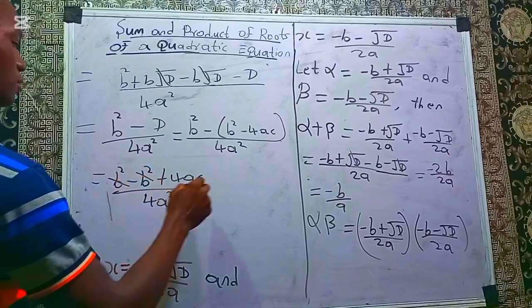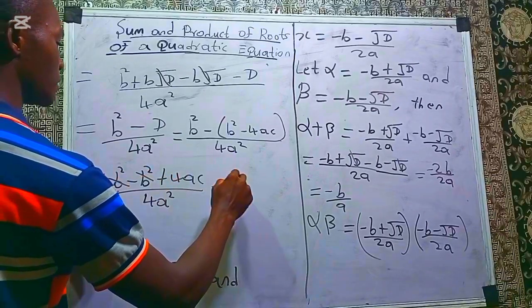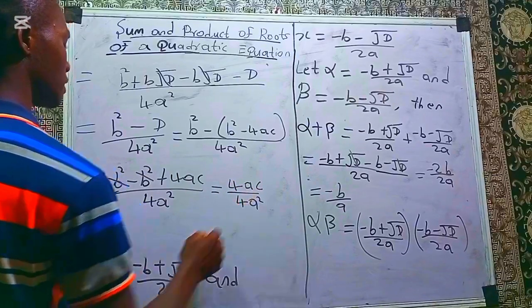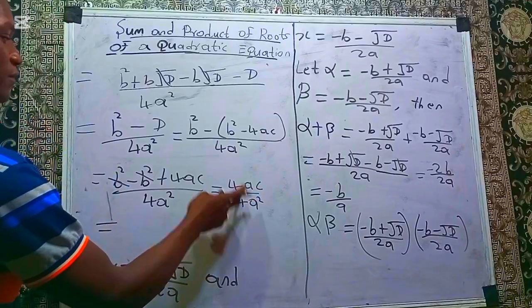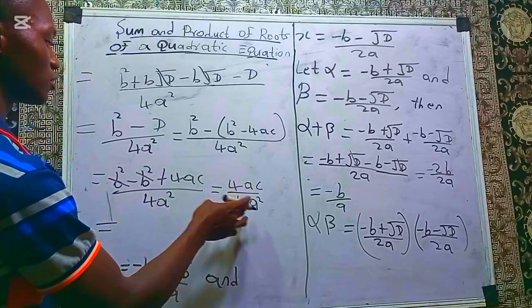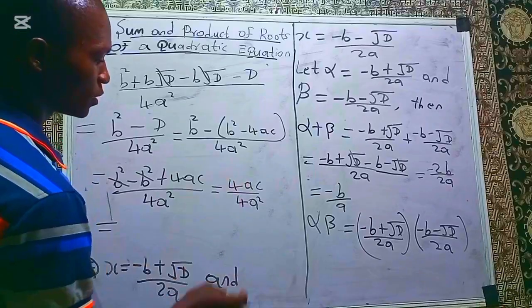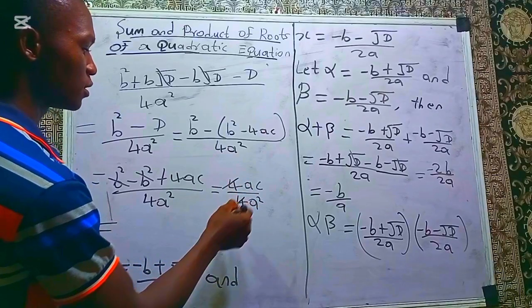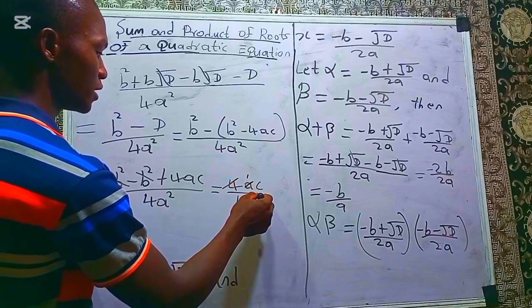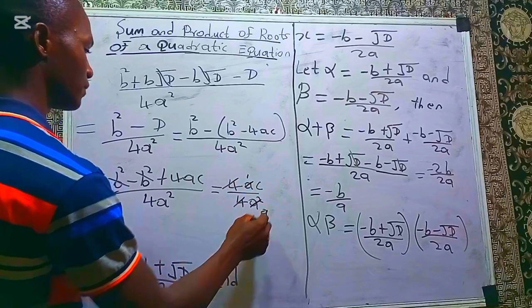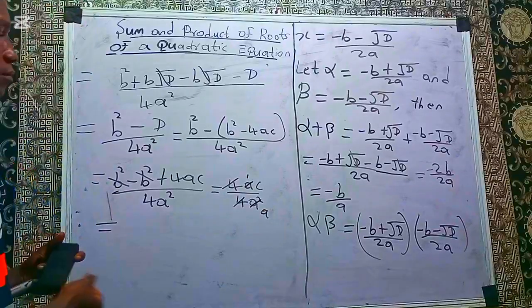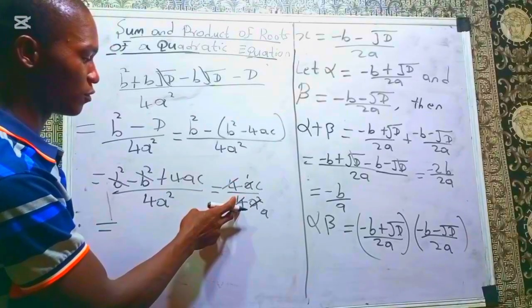The b squared terms cancel, so what we are left with is 4ac divided by 4a squared. So 4 divided by 4, the 4s cancel.